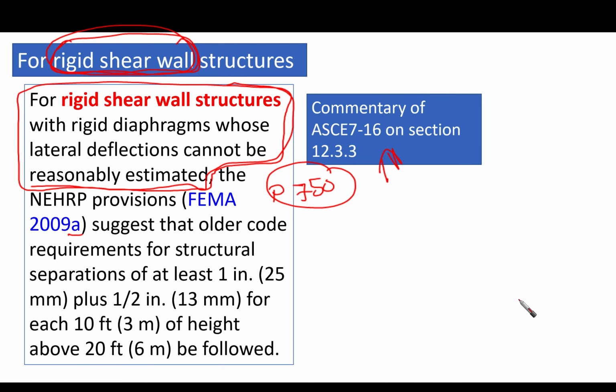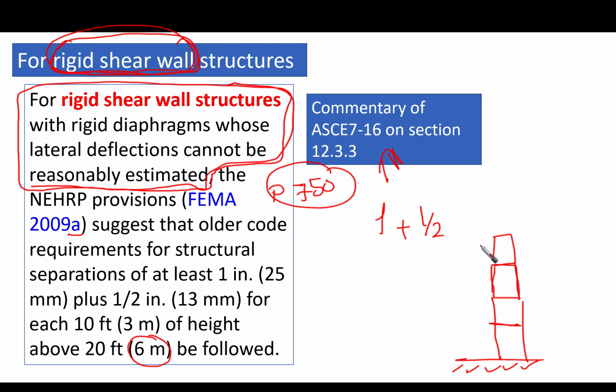This means that if we have a building, for example, with 2 floors here, after 6 meters, 2 floors, we count like this: 1 inch, so it is at least 1 inch, plus ½ inch for each 10 feet, 3 meters of height above the first 6 meters. If we say that the first 2 floors are 6 meters, and we put another floor here, then we are going to add ½ inch here. If we add another one, we add another ½ inch, and so on and so forth.